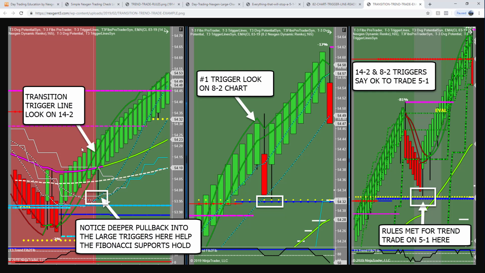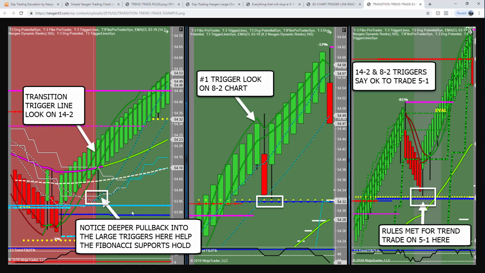We're going to make sure that we have the small triggers going up on the 14-2 chart. We're going to make sure that we have the 8-2 triggers, small triggers above the large triggers. And then we're going to look for the 3 components on the 5-1 chart that create a trade: fibs, midband, some type of support, plus the fib to fib oscillator at 25 for a buy, obviously 75 for a sell.